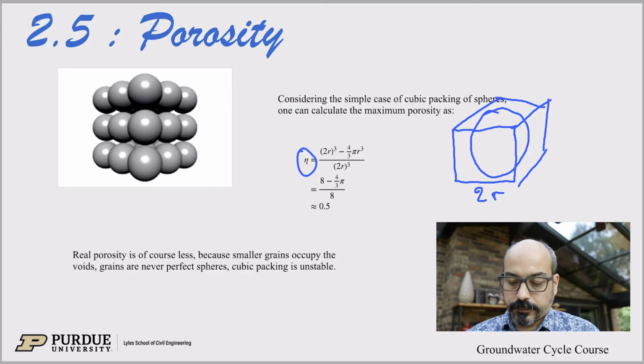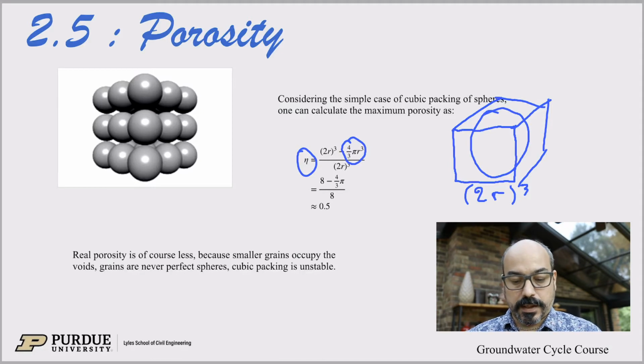So 2r cubed is the total volume, minus the volume of the sphere, the 4/3 of pi r cubed. So if we remove the volume of the sphere from the total volume, and again we want this to be a percentage, so divide that by the total volume, that gives us the volume of the voids, the percent volume of void.